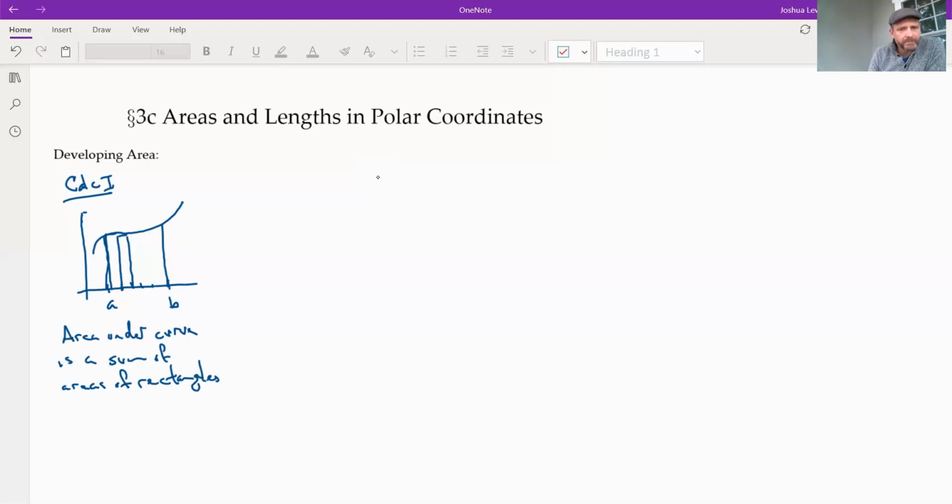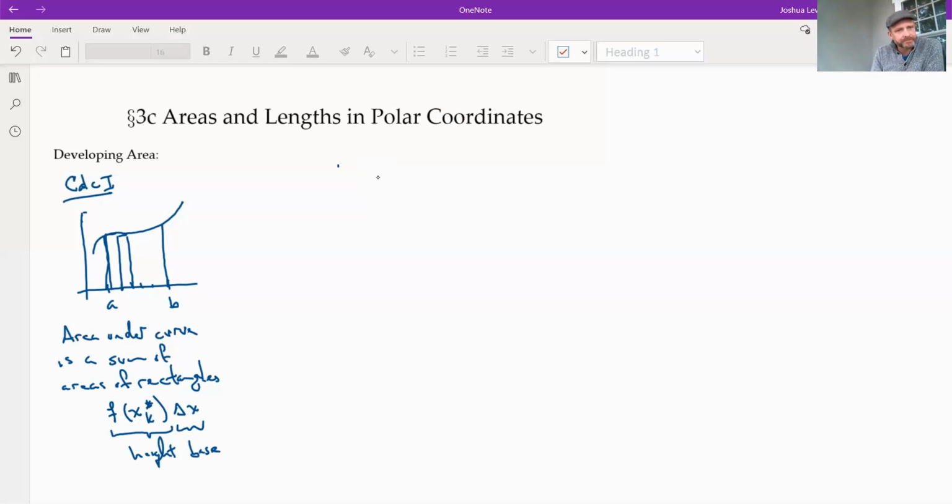In other words, we had that basic unit, right? We had some sample point we evaluated the function at, and then some width. So this was essentially height, and that was base. So base times height, you have an area of a rectangle, take infinitely many of them, you get this definite integral.